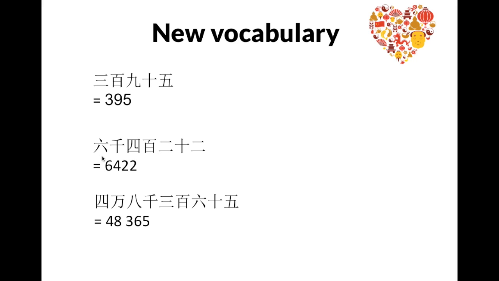So 6,400, 2 tens, so 22. Next, 48,365. This one is the most difficult one. So we have 4 ten-thousands, 8 thousands, 300, and 6 tens, 65.